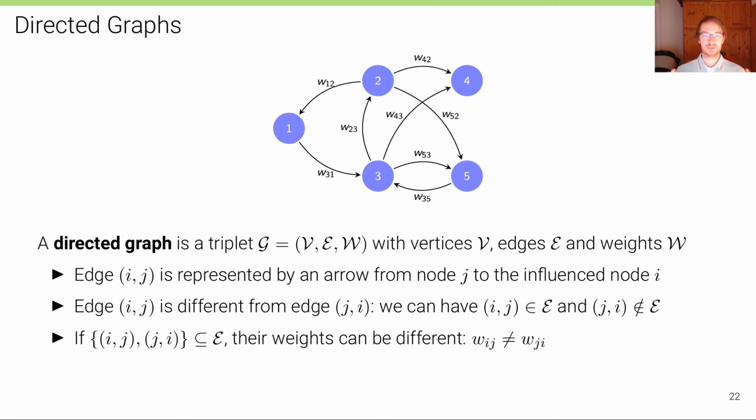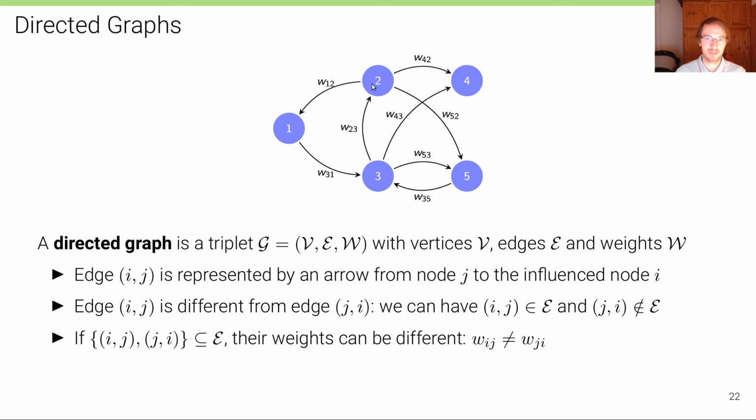We draw such a graph by drawing arrows between vertices, where arrows are always drawn from node j to the influenced node i for an edge ij. So for example, here we have an edge 1, 2 that is represented in this graphical illustration by an arrow from 2 to 1.